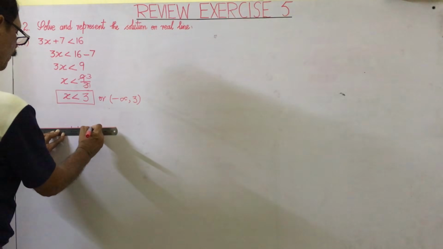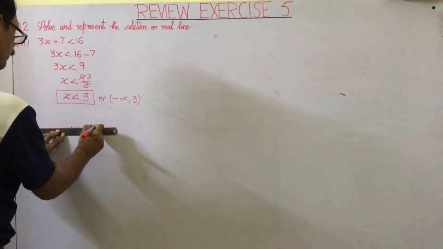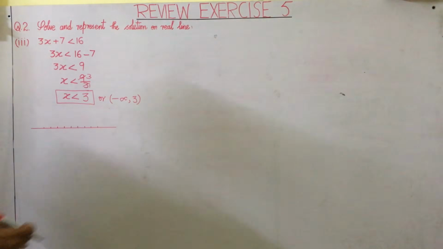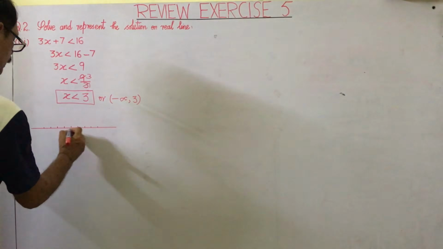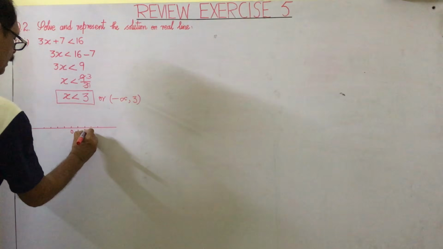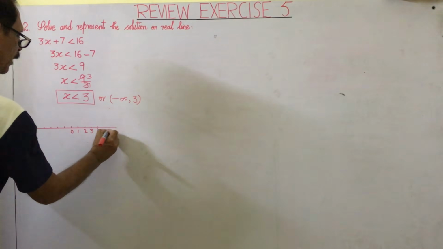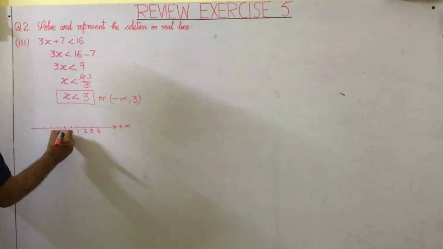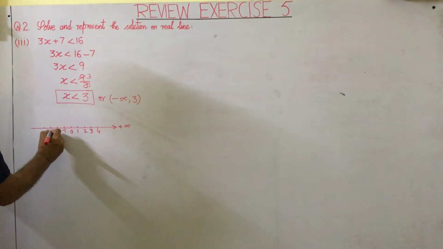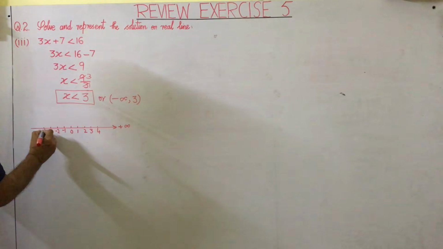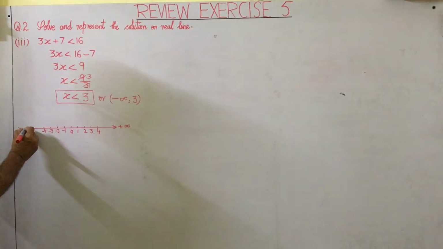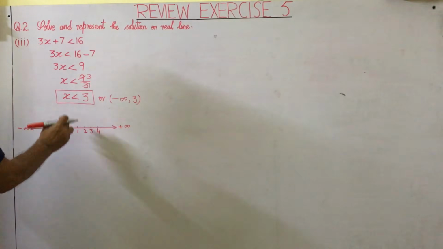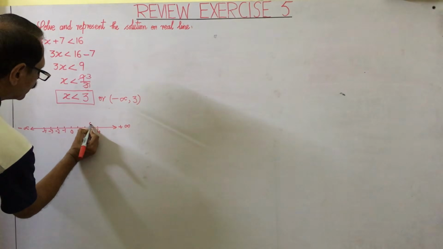I am taking a gap of 1 inch. 0, 1, 2, 3, 4 and so on, plus infinity, -1, -2, -3, -4, and so on, minus infinity. x is less than 3, so 3 is not inclusive.